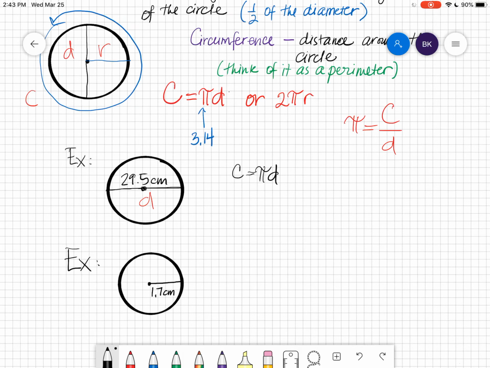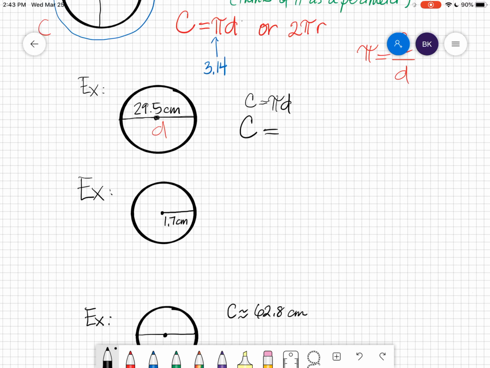Now let's plug the numbers in. C equals, we're going to use 3.14 for pi. Your textbook is using the scientific calculator's pi button, so if you're working out problems from the textbook, your answer will be a little bit off, but that is okay as long as you're close.